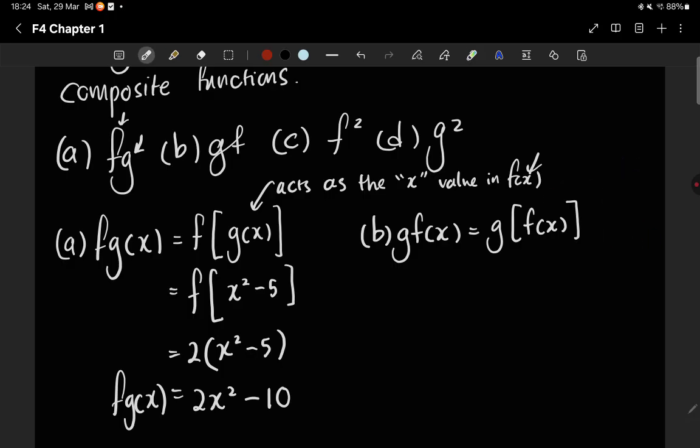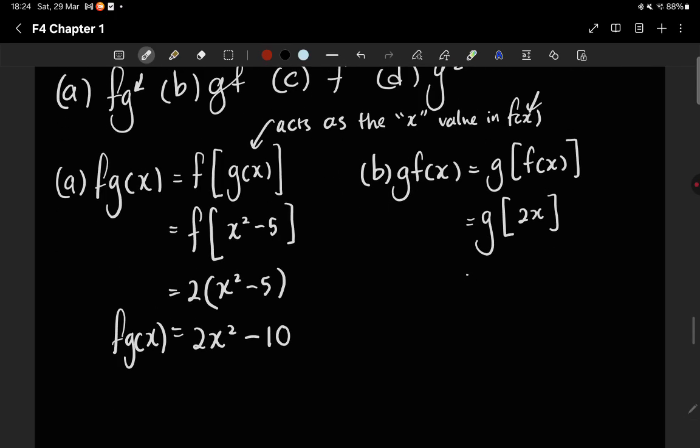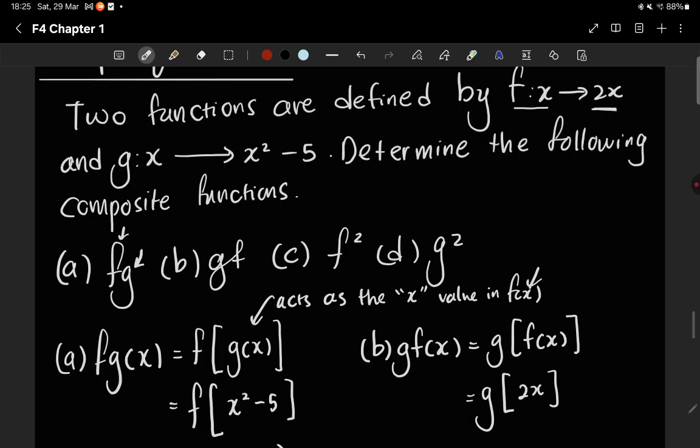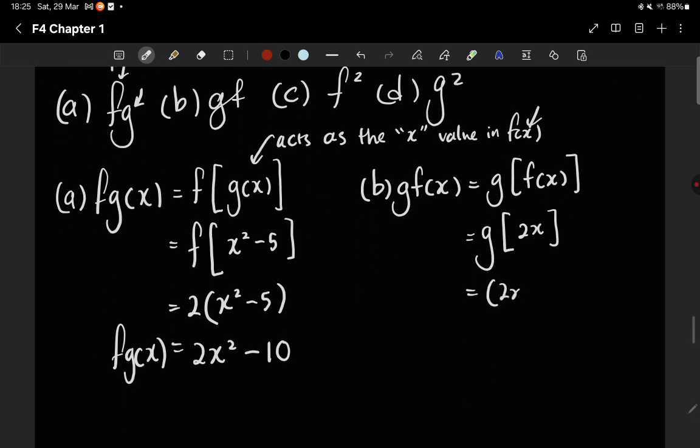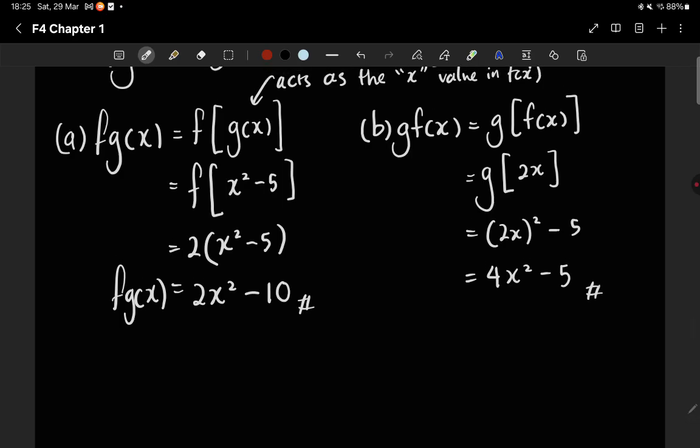So technically we just have to rewrite the f of x in here, which is 2x, and the next step is to sub in that x value into g of x to get our image. And our g of x is x squared minus 5, so it is (2x) squared minus 5, which gives us 4x squared minus 5. So these are the answers for the first two questions.